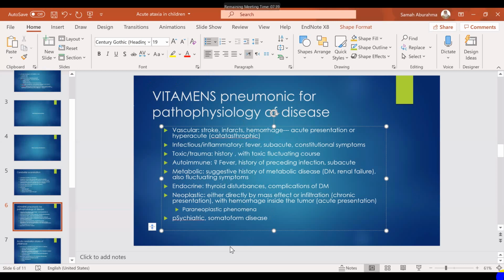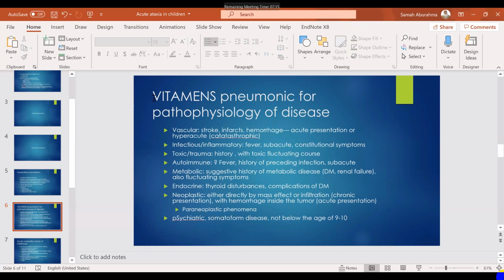I wouldn't think about it below the age of, let's say even 9 to 10. I would be very reluctant to think of psychiatric disease below the age of 9 or 10. Okay, this is a very important point. Yes, excellent question.